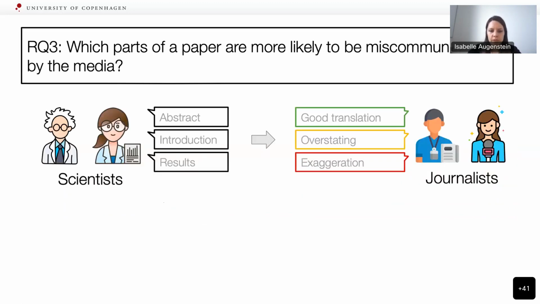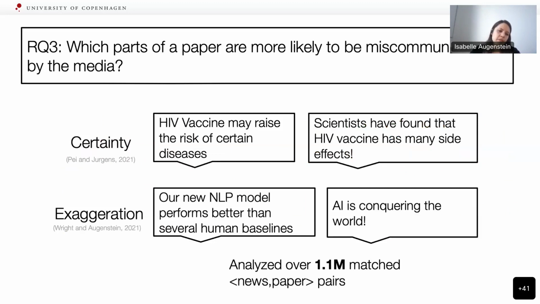Now, the last research question we look at is which parts of a paper are more likely to be miscommunicated by the media. And for that, we don't only look at the information matching score, but, and that's where I get back to our previous paper, we get the information matching score, and then we automatically predict the exaggeration for the newspaper pairs, and we also predict the certainty communicated in the pair.